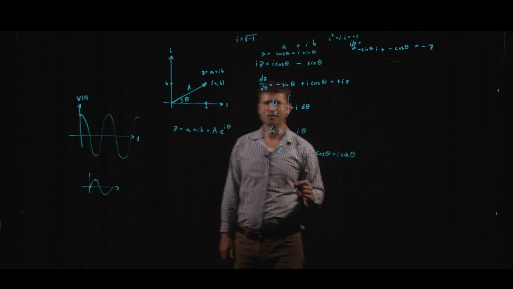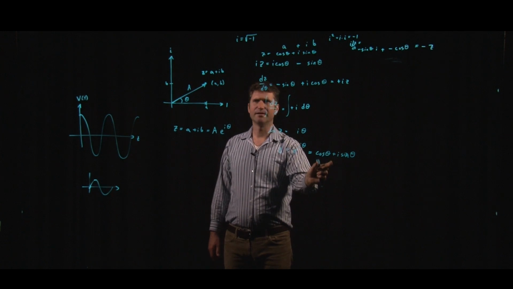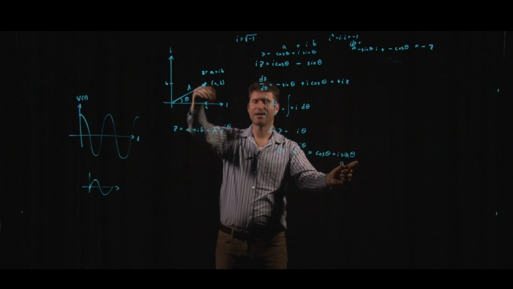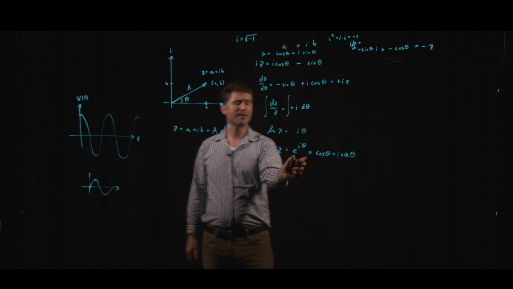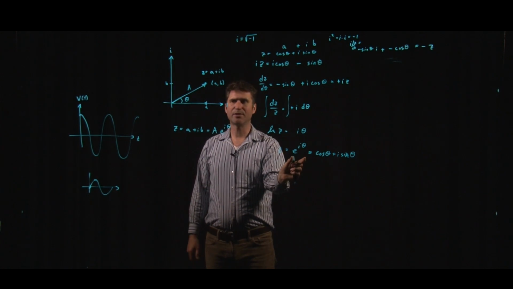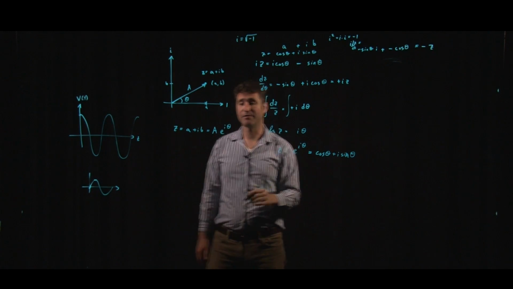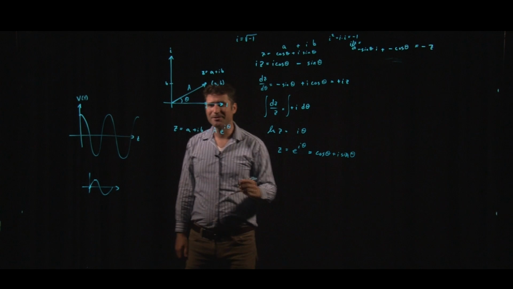But I wanted to convince you of this idea that writing something in a kind of vector notation, something in the real part and something in the imaginary direction, as a two-dimensional coordinate, could then be re-represented as something along a unit circle. Or if you want to stretch that unit circle, put an A in front of it, and you can then scale it. So this is kind of exciting.